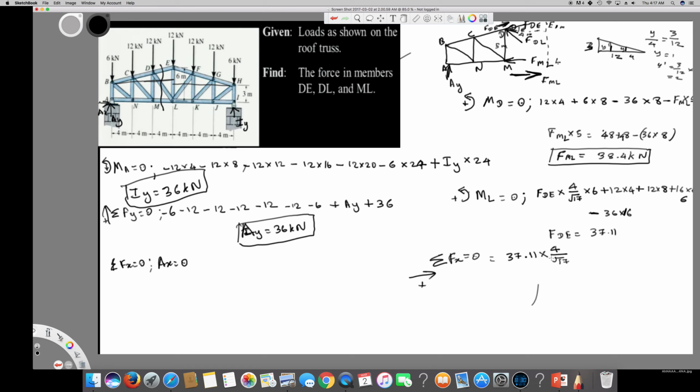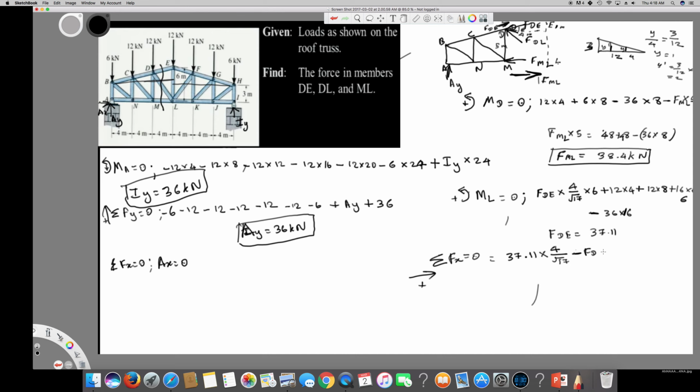And then we have FTL cos theta. So FTL, that's what we have to find. FTL is going in the opposite direction, so negative.